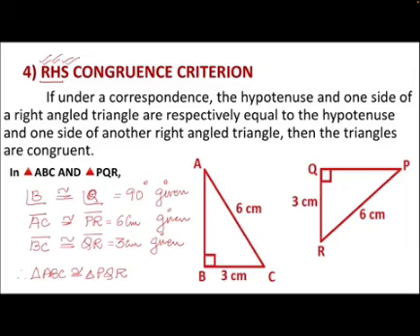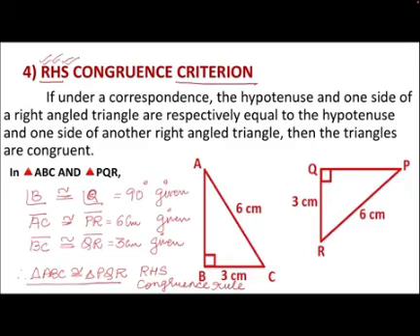They are right angled triangles, or they can also be called right triangles. Now we have proved that they are congruent, but what is the criterion? It is the RHS congruence rule. If you can't remember the term criterion, you can use rule or condition.